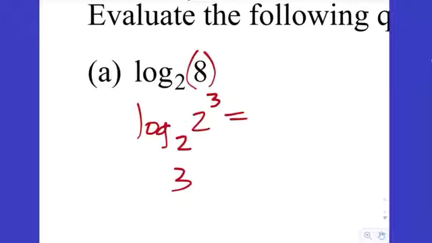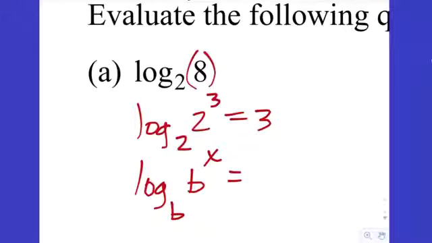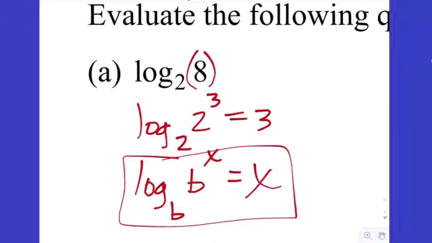So this gives us a very important little property immediately that says log base b of b to the x power is what? x. That's a very important property, because b to the x power equals b to the x power. How true that is.